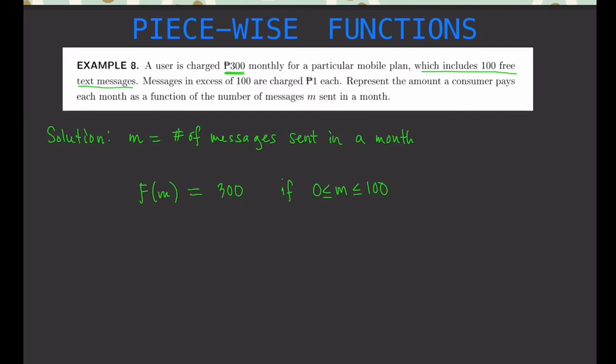So this is your charge, which is a function of the number of messages sent in a month, and it is equal to 300, but that's only true if the number of messages is between 0 and 100.